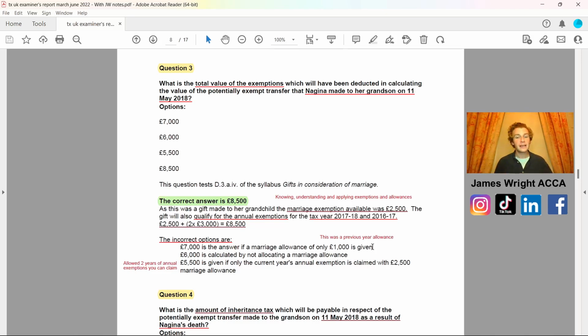So again, just to be clear on it, some students would have just put down 6,000, not taking into account the marriage allowance, and then finally only allowing for 1 year's worth of qualifying exemptions, the annual ones, where you can take this year's annual exemption and also the prior year, assuming you have not claimed it.